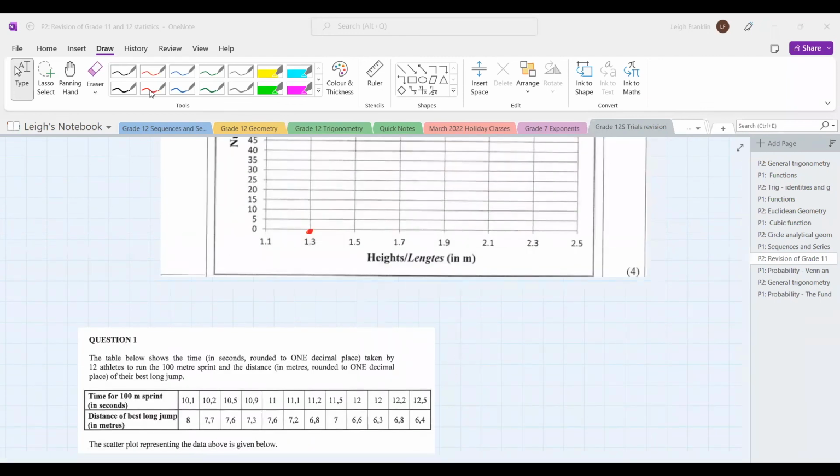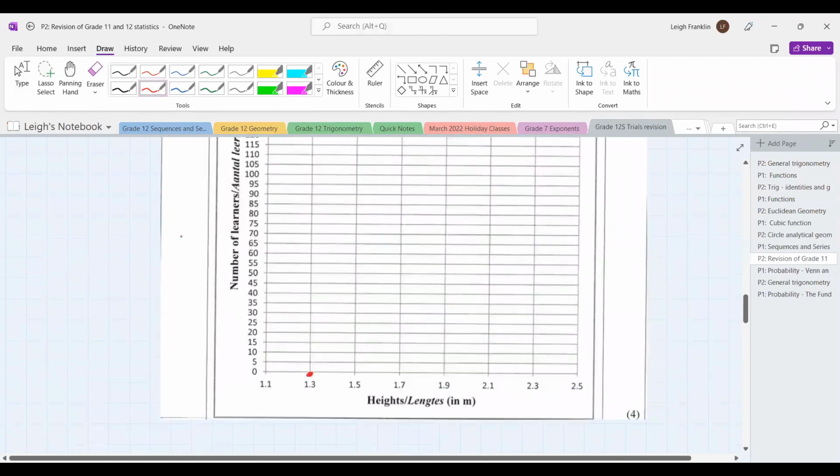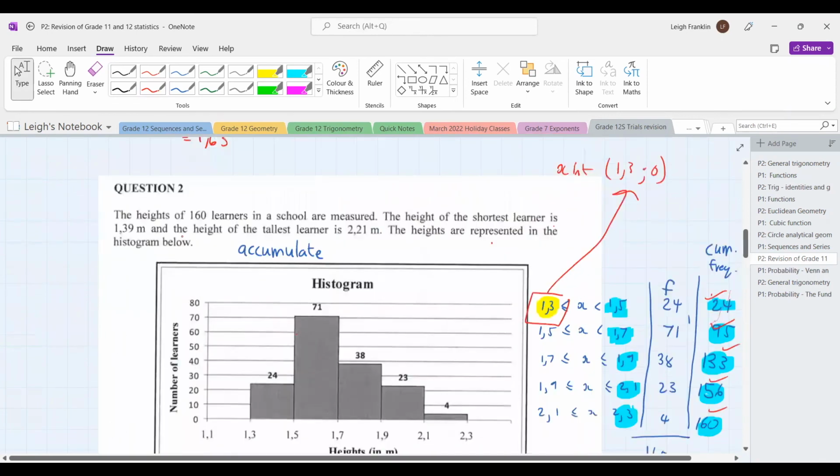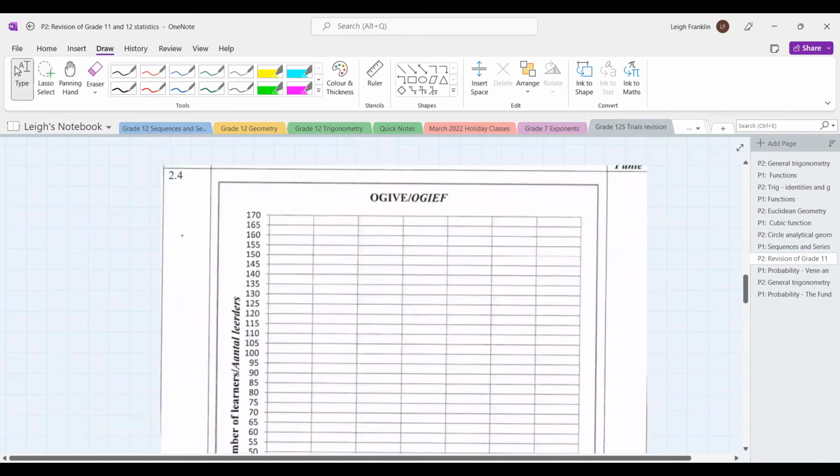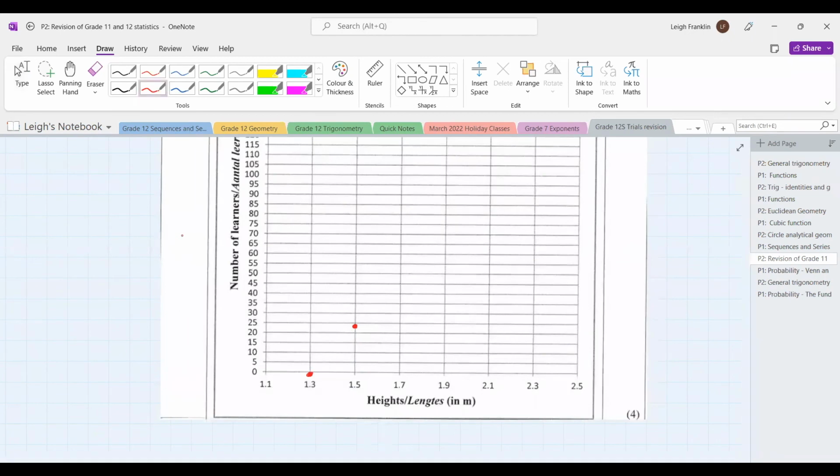Hang on, let's get my pen. 1.5 and 24 is right over there, isn't it? And then we've got 1.7 and 95. So now can you see here, it's got a really steep gradient because it's shot up all the way to 1.7 and 95. So that's that over there.